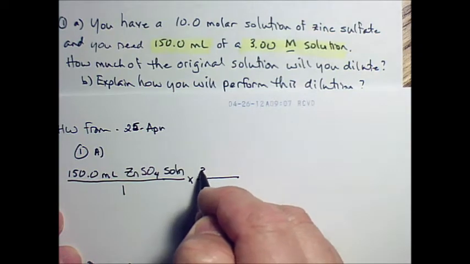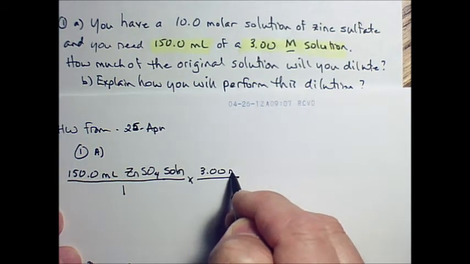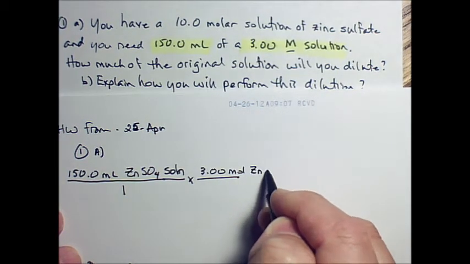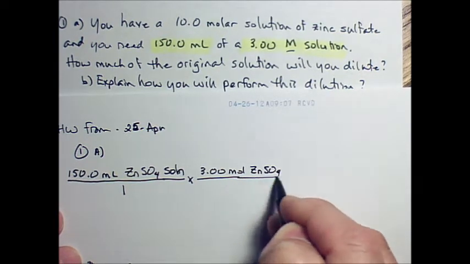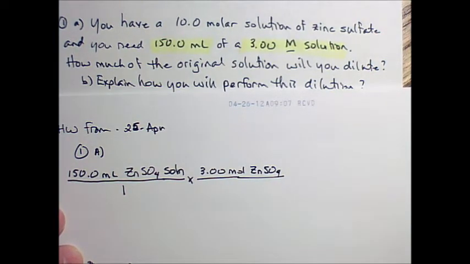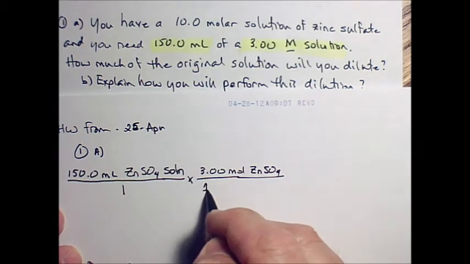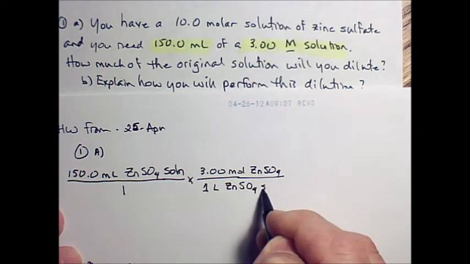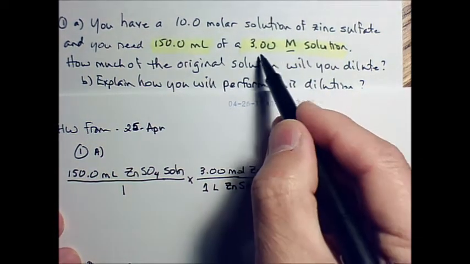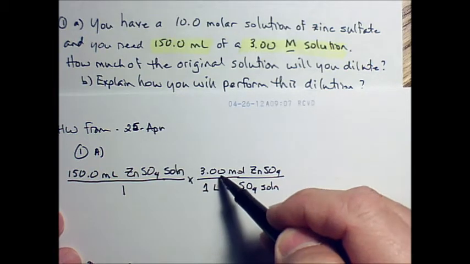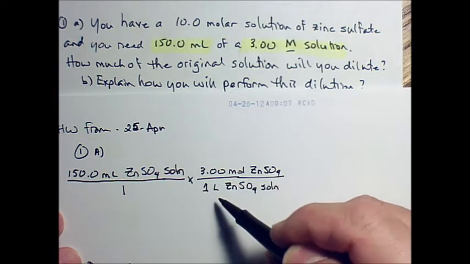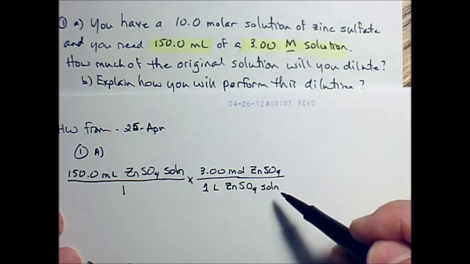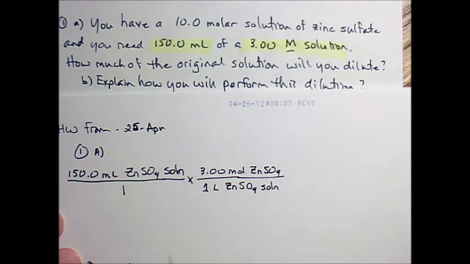So we're going to write it like this: 3.00 moles of that zinc sulfate, that's the solute, the thing being dissolved in the solution, over 1 liter of a zinc sulfate solution. 3 molar solution of zinc sulfate, 3 moles of zinc sulfate in 1 liter of solution. They're the same thing. Now by writing it that way, that's going to allow us to cancel the zinc sulfate solution right here.